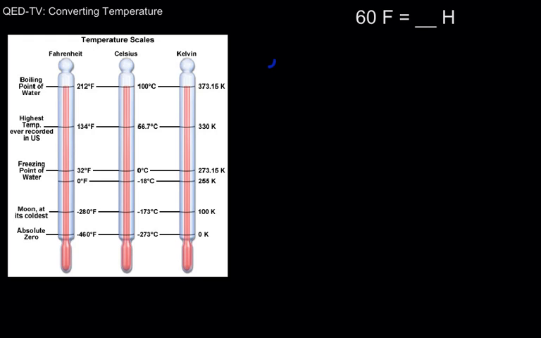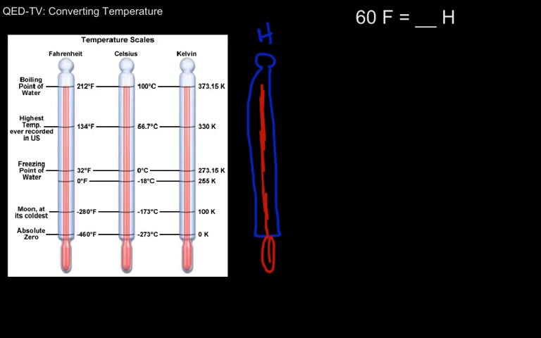So we'll try to draw another scale over here. Yikes, not good. Here's the Herman scale, and there's our temperature comes down here. There's our scale. And the only thing that I really need to know here is what is boiling and what is freezing, right?